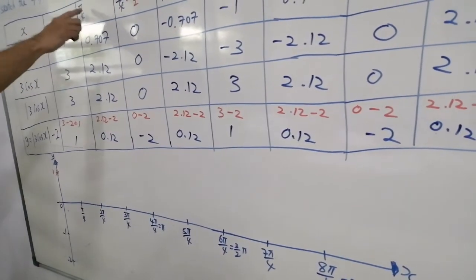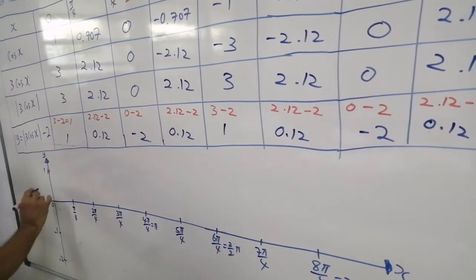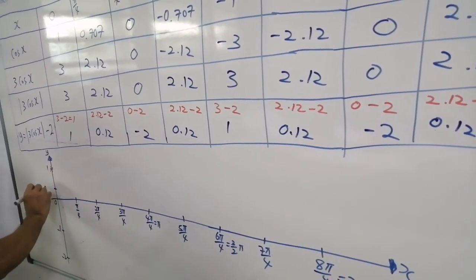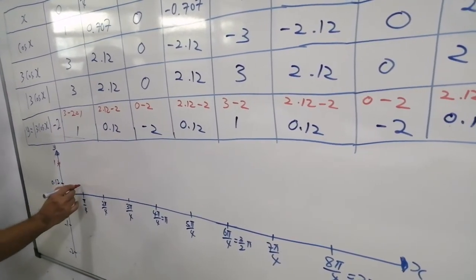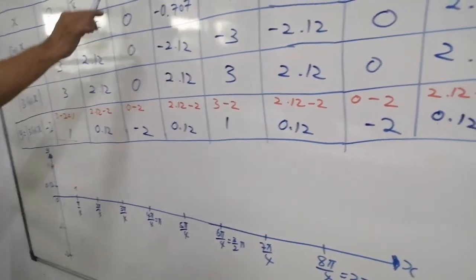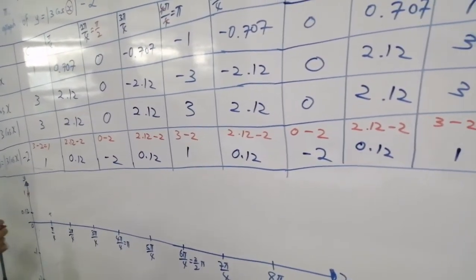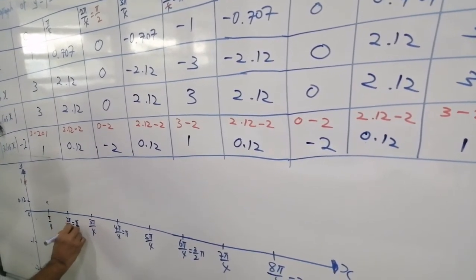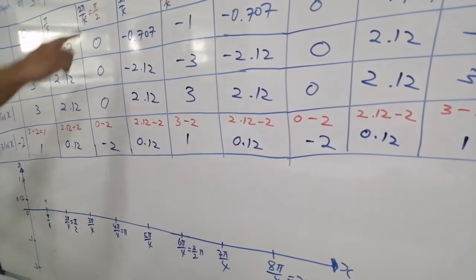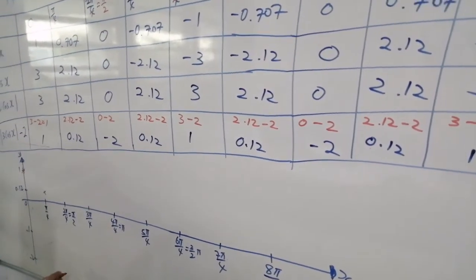Then pi over 4 is 0.12, so 0.12 here. Then pi over 2 is negative 2. Now this one is pi over 2, negative 2 here.